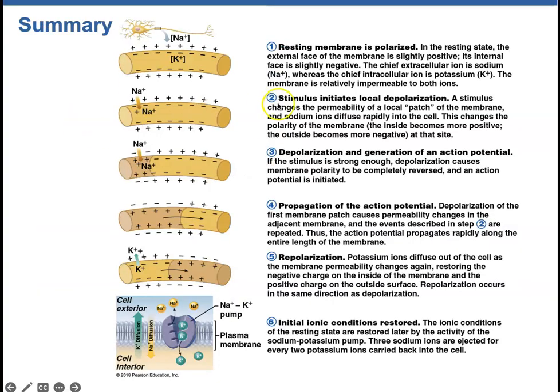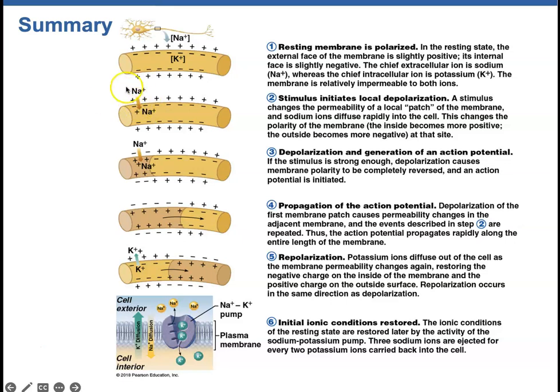So when you look at it as a whole, here we are at rest. So more sodium on the outside, less in here, and then we have more potassium on the inside, but the proportion of positive charges on the inside relative to the larger amount on the outside makes the outside more positive, the inside more negative. Now we stimulate the cell. So we're going to start depolarization.